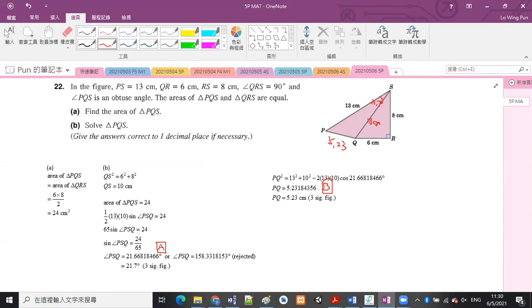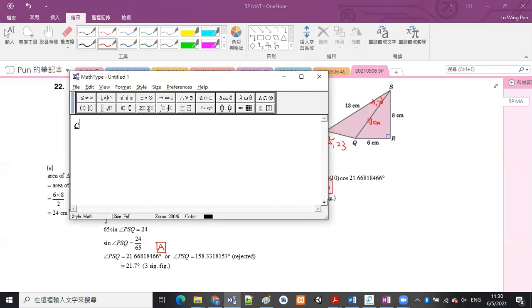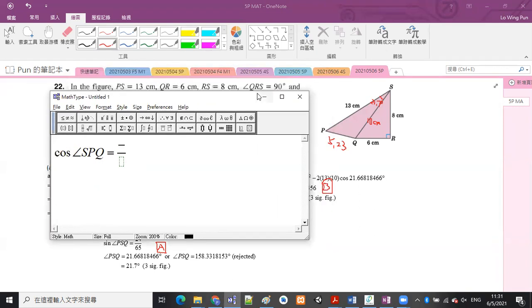So I'm going to choose the cosine formula to find angle P. Cosine angle SPQ is equal to a fraction, and there is a minus term first. Which one should be the negative term? I'm going to find angle P. Angle P is looking at 10 cm, so the 10 cm should be the negative term in this fraction. So it's minus 10 squared, right?